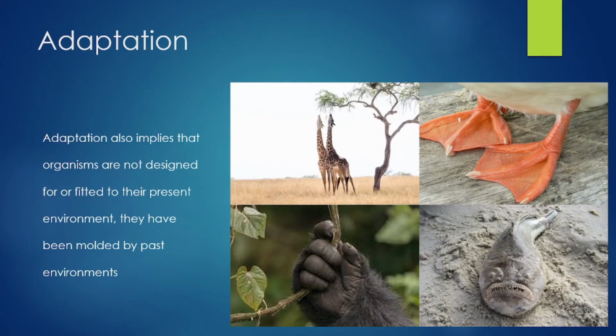So adaptation also implies that organisms are not designed for or fitted to their present environment. They have been molded by past environments. A good example here is the giraffes. So the early ancestors of giraffes did not have such long necks in order to forage or to eat the leaves of tall trees.